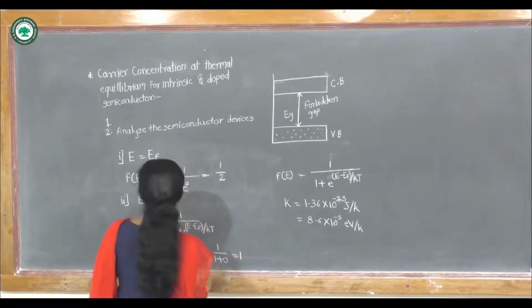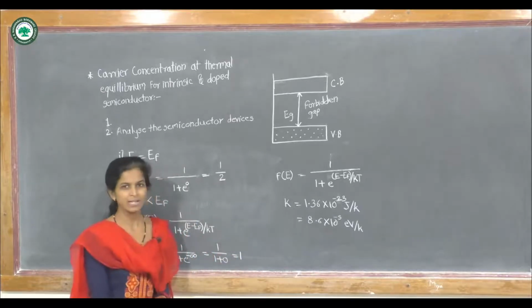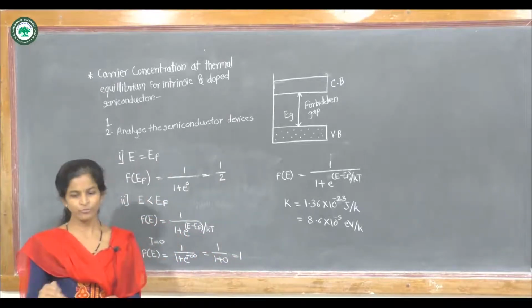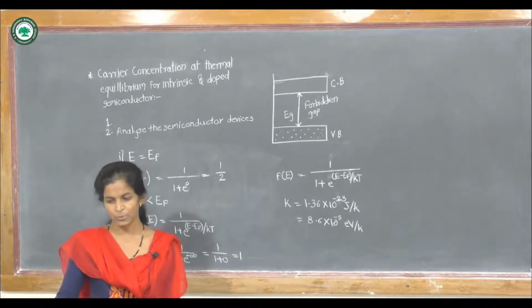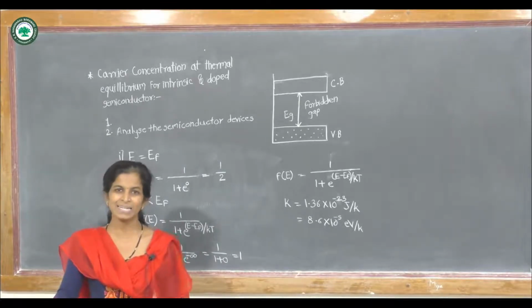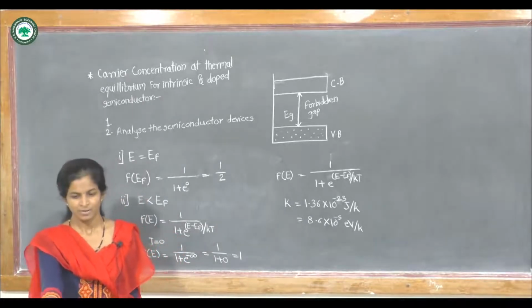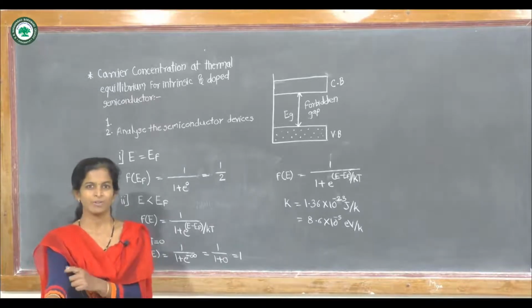The energy level which is below the Fermi level, the probability of finding it occupied by an electron will be 1.